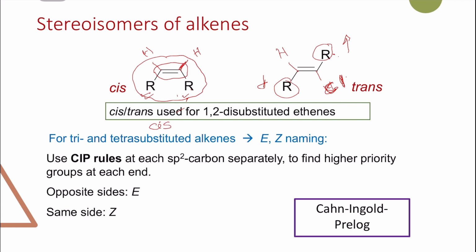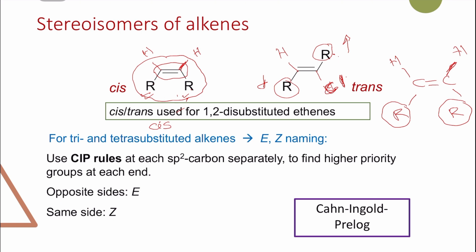When we're talking about the di-substituted ethene we drew here, you have C double bond C with two R groups like this, and hydrogen. We gave the substituent, which is the R group here, the priority over the hydrogen. This is why we call this cis.